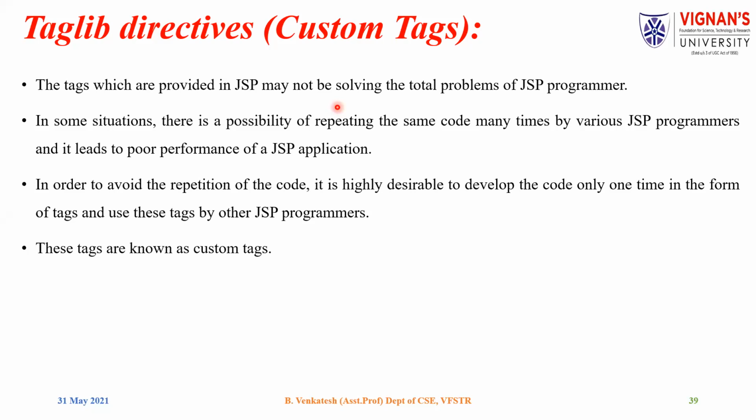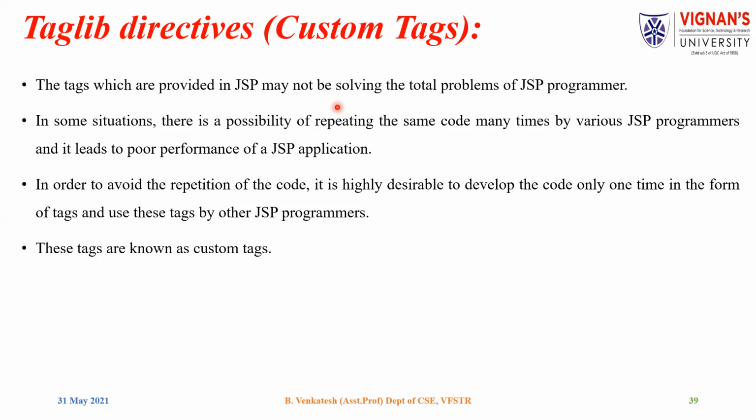What are the situations where we need custom tags? In some situations we need to repeat the same code many times in various JSP programs. That means a particular program needs to be run in different JSP programs. In such cases we use custom tags.